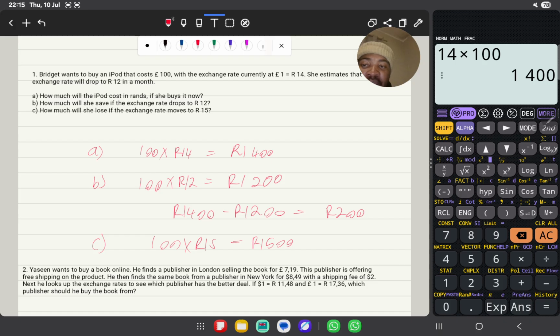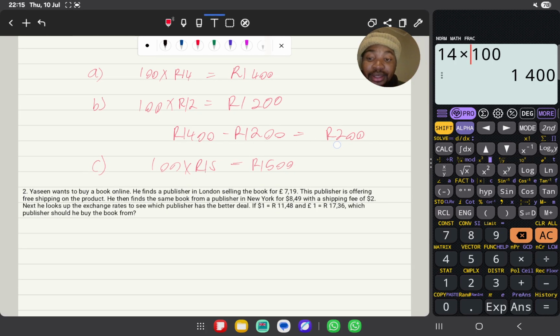So if we are comparing how much she would lose based on the current exchange rate, you would say 100 rand, because 1,500 minus 1,400 is 100 rand, right?